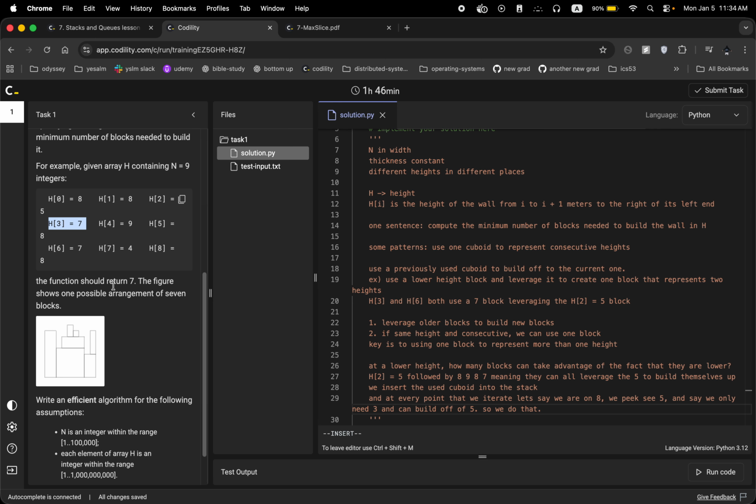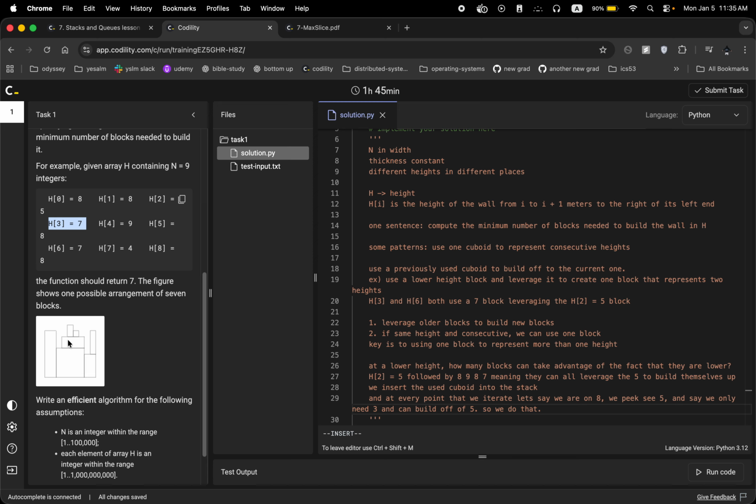And when I say leverage, I guess you can use that. And then the next one is 8, so you can use 1 block here. Next one is 7. 7 is less than 8, so we pop. 7 is less than 9, so we pop. But 7 is equal to 7, so we're going to use it and push it into here.